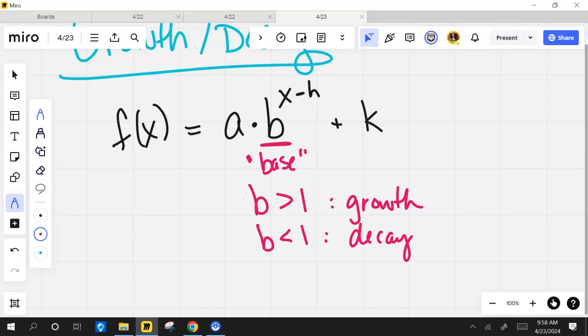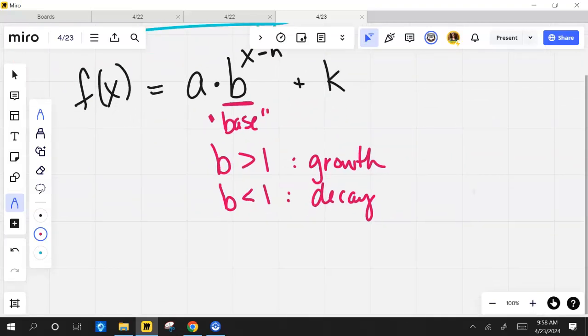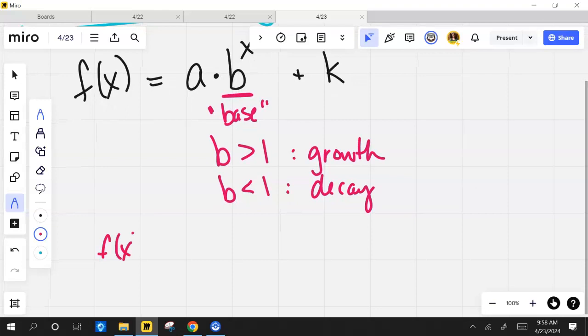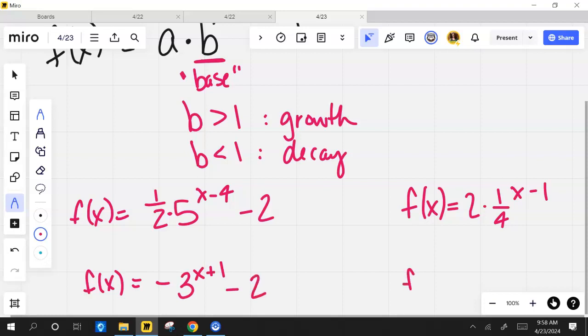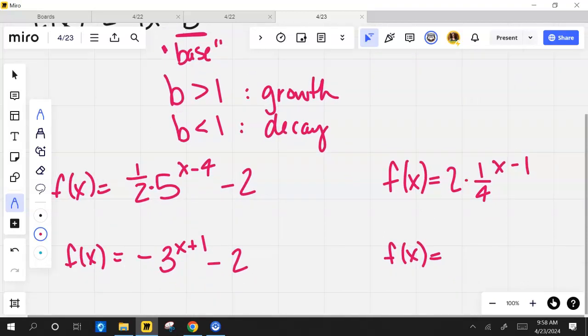So, for example, I think I'm going to put 4 up here. And we're just going to say growth or decay on these.